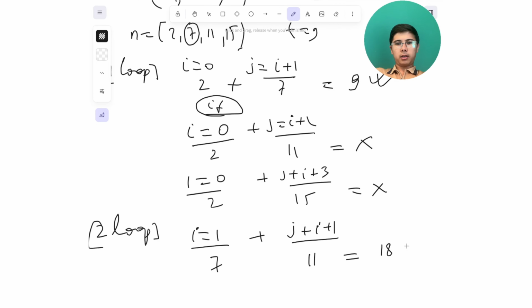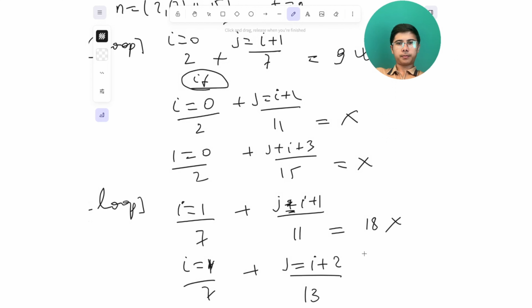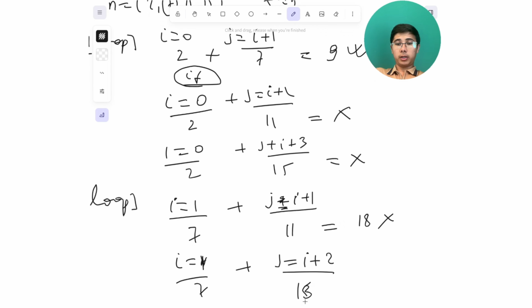This is 18, which is not exactly equal to 9. Again, I equals 1, which is 7, plus j equals I plus 2, which is 13, 15. This is also not exactly 9.